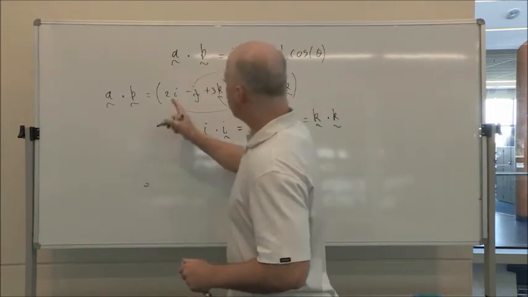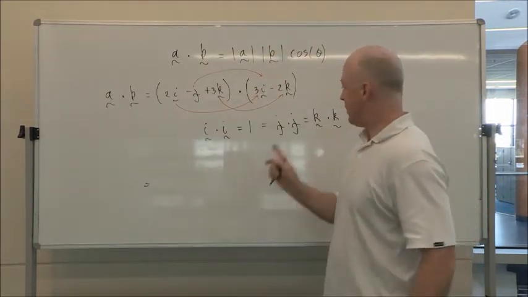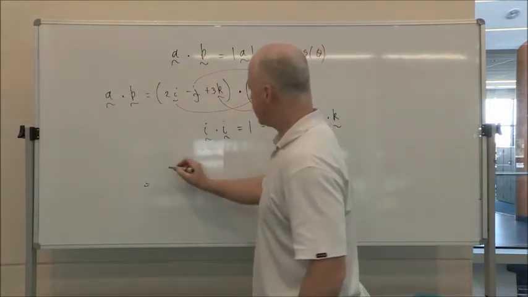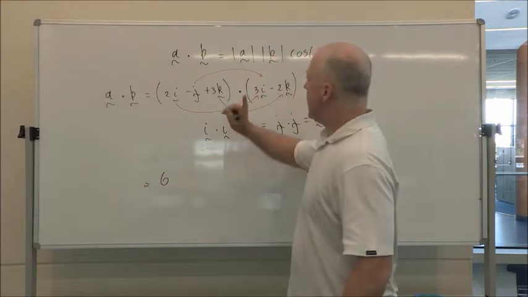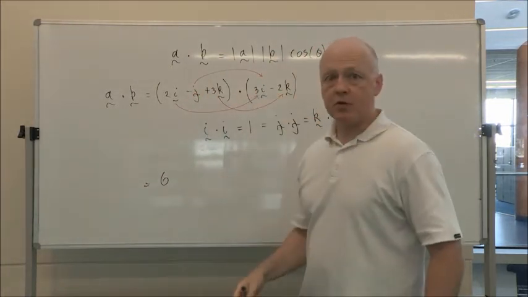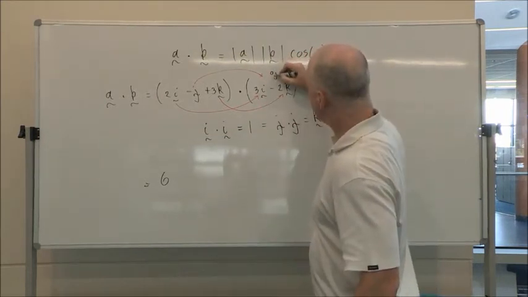Now, 2i dotted with 3i: we know i dot i is 1, and 2 times 3 is 6, so this gives me 6. For the j's, there is in fact 0 j there.